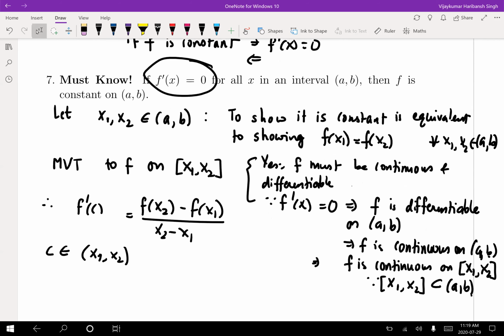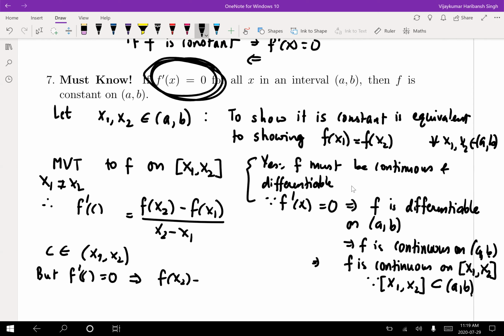And without loss of generality, let x1 be not equal to x2. So what do we get? But f prime of c is 0, why? Because the derivative is given to be 0. So this implies f of x2 minus f of x1 equals 0, since x2 minus x1 is not 0.